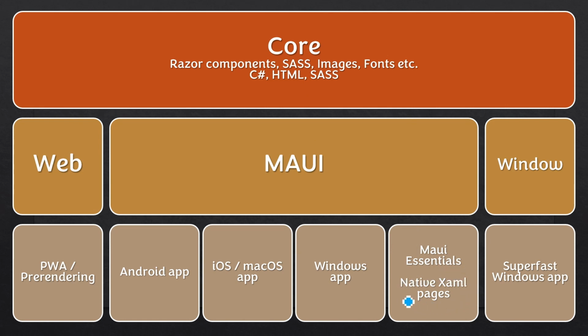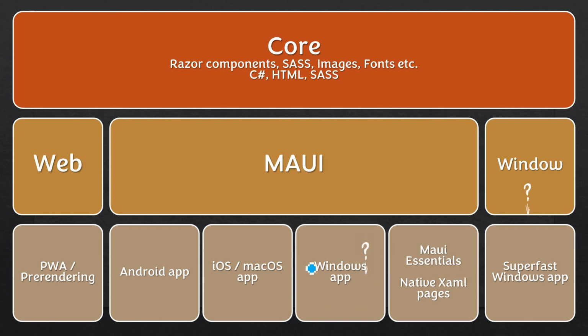These XAML-based pages, while not compatible with the web version, can enhance the native app's user experience. In addition to the core features, Maui projects can leverage the Maui Community Toolkit and Maui Essentials, providing access to a vast array of UI components, extensions, and tools specifically tailored for Maui development.